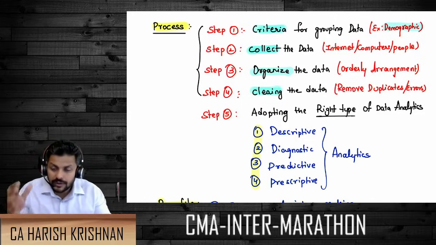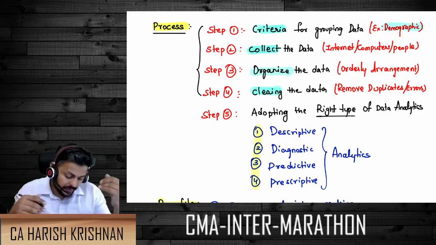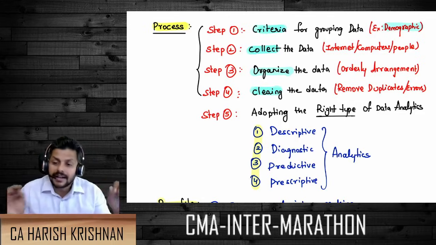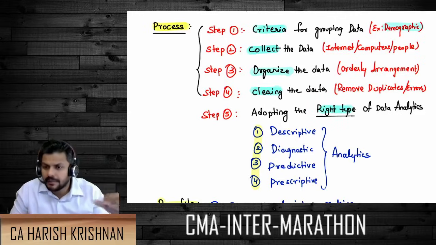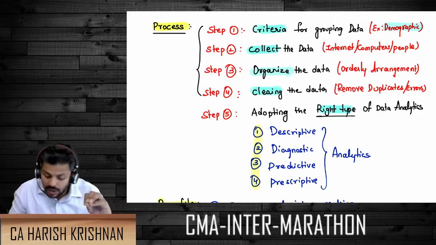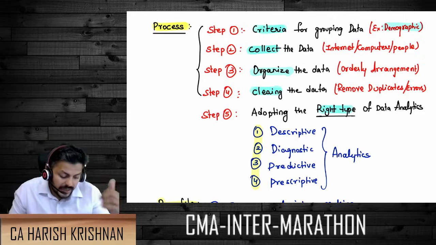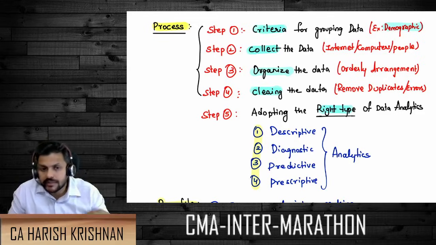Now, adopting the right type of data analytics is the most important step, and the most extensive content of this chapter, which has been asked multiple times. Criteria, collection, organizing, cleaning, and then adopting the right type of data analytics.